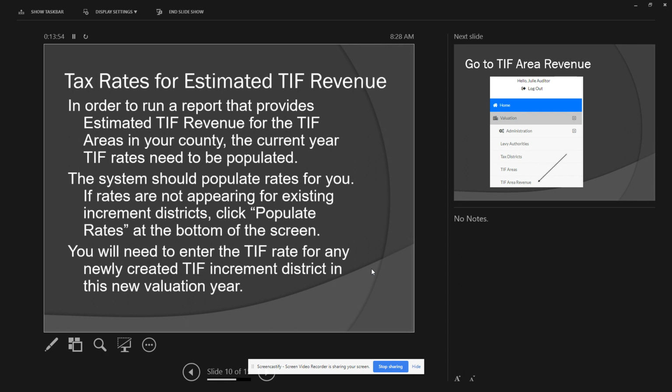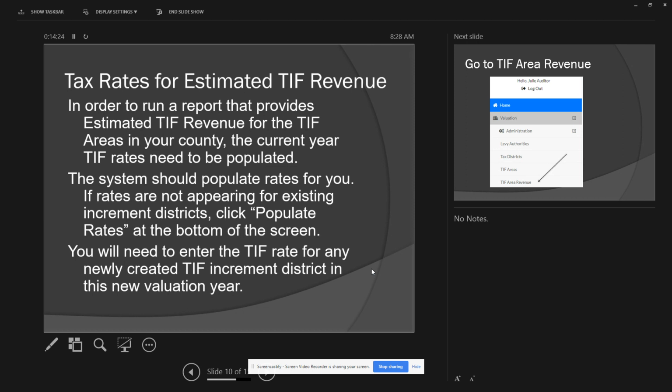So when you do calculations of TIF revenue and you submit your valuations into our system, you want to make sure that you're taking a look at our system and what's listed for the estimated TIF revenue report. You want to make sure it's generating what you expect to be generated in those particular TIF areas.